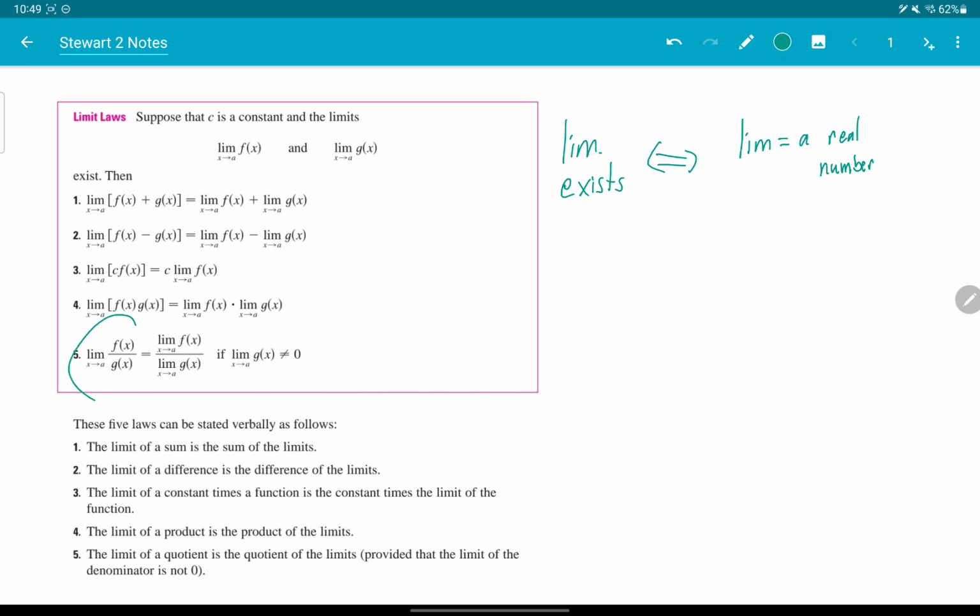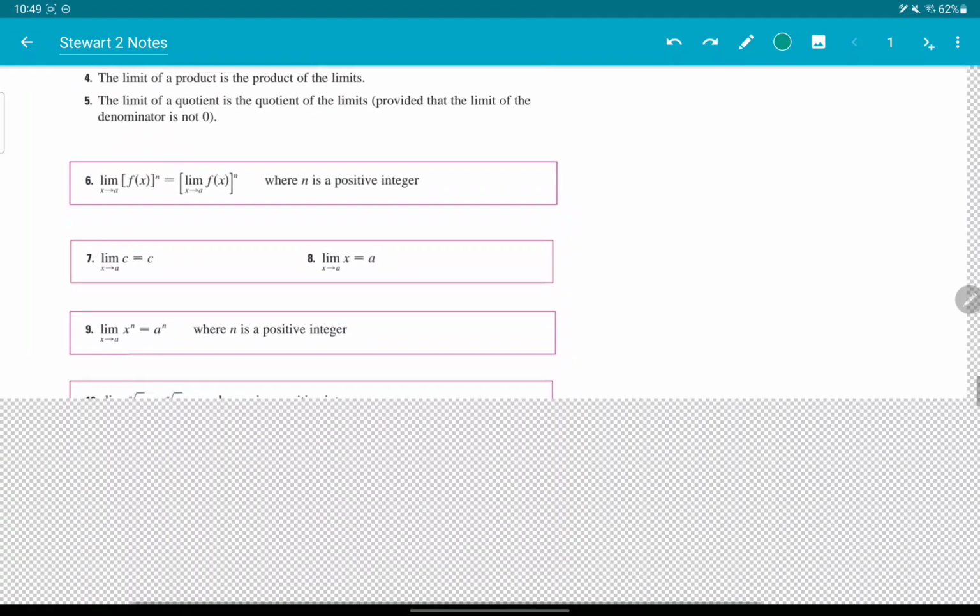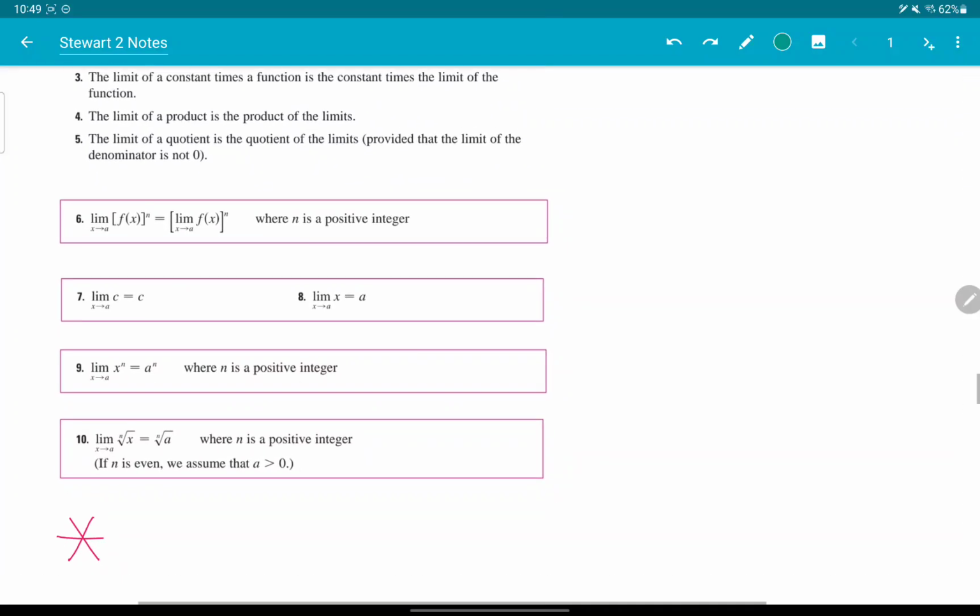Okay, quotients. And you can put these limits into English if you like to help you digest them. There are some more laws, rather, 6 through 10. This one tells us how to deal with powers.